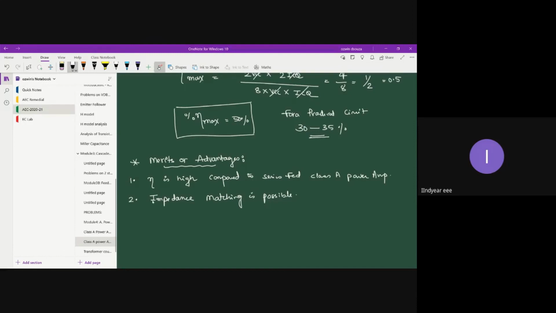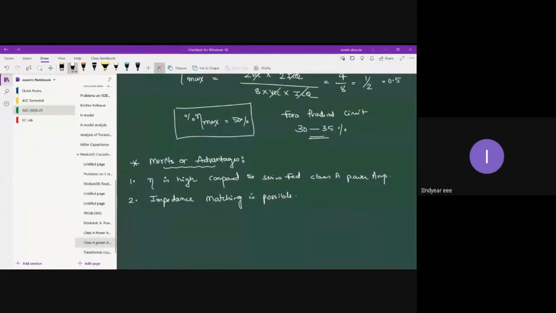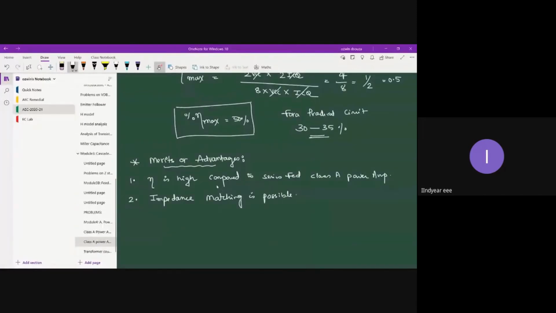Basically, these advantages cannot be fulfilled by a series fed class A power amplifier. In the class A series fed power amplifier, we stated that efficiency is low. That can be overcome using the transformer coupled power amplifier. And we also claimed that a disadvantage of the series fed class A power amplifier is that impedance matching is very poor. But in the transformer coupled power amplifier, you have the option for impedance matching. So these are the advantages.